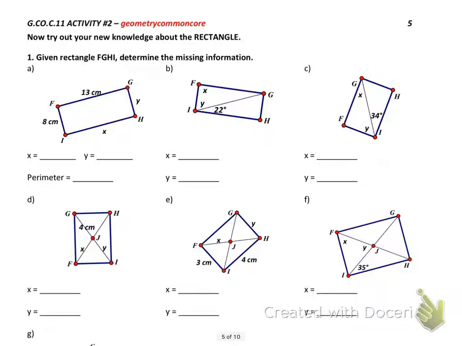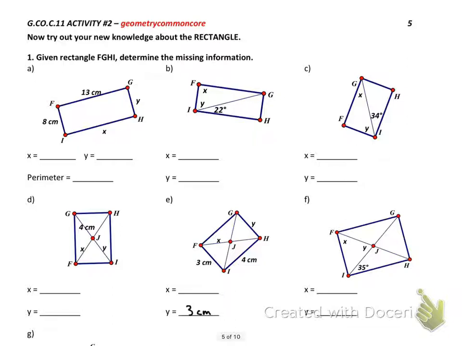So we've got a mix of sides and diagonals. One of these is easy to solve for. What can we find pretty quickly? What is y going to be? 3. We know opposite sides are congruent. So yeah, y is an easy one. So x is the one that's a little more challenging.